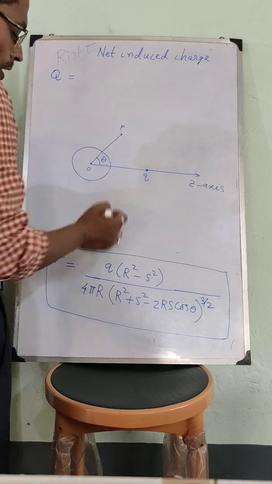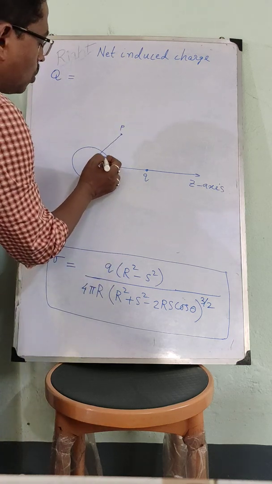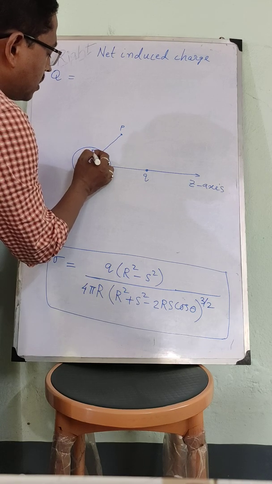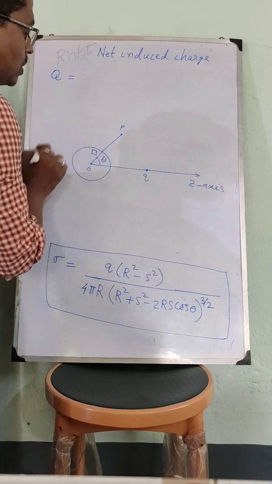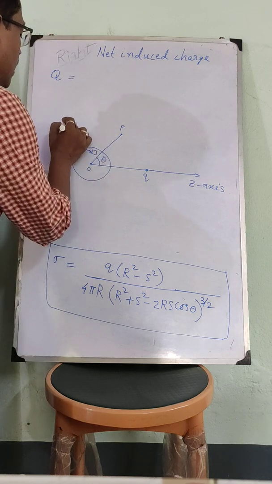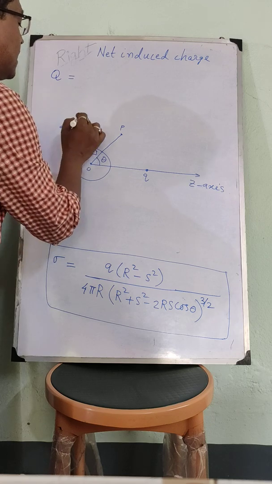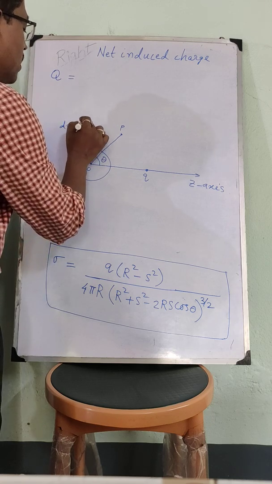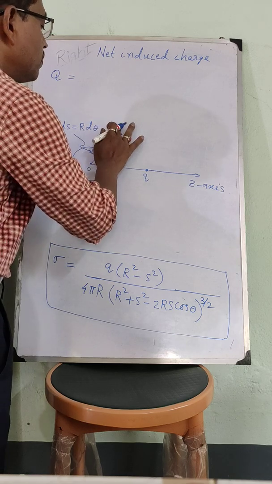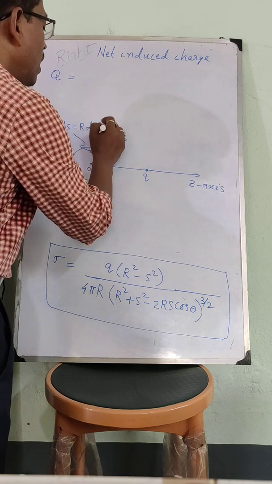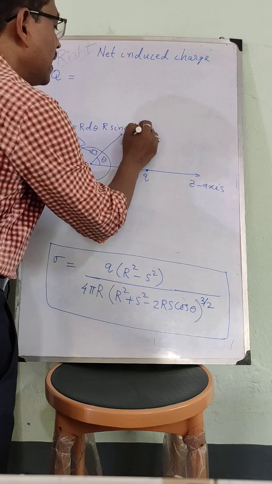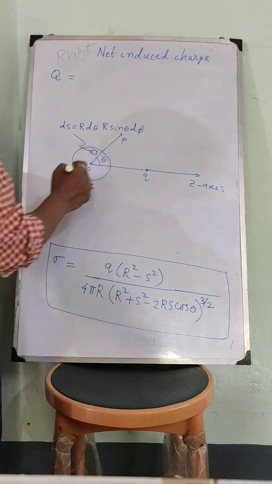Now for doing the integration, we also should know what is a differential area element on the surface of the sphere. This is, suppose, dS. Now you know dS is given by R d theta into R sin theta d phi, where phi is the azimuthal angle.